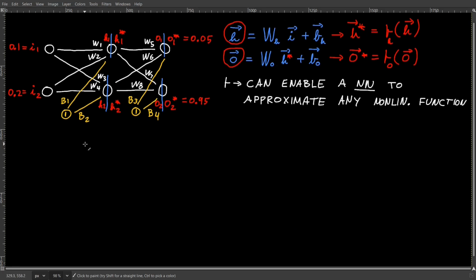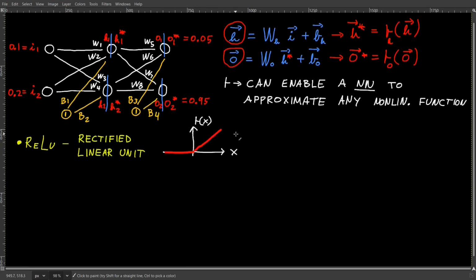Some of the most popular activation functions that allow neural nets to be universal approximators are the following. ReLU, which stands for rectified linear unit. So if this is the domain and this is range, then the function graph would look like this. Mathematically, it would look like this.